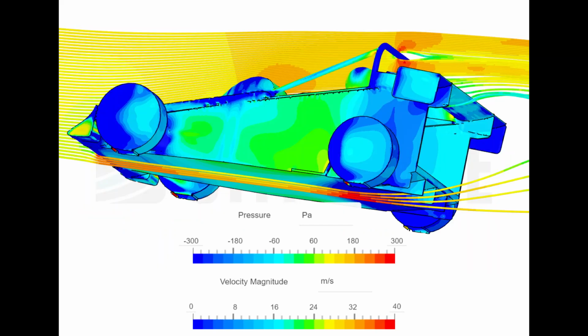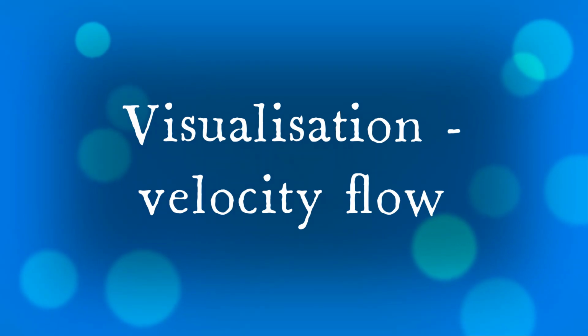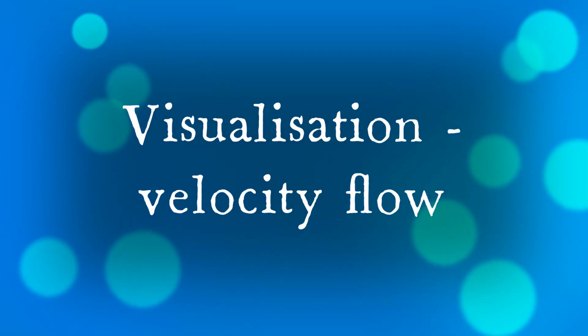The flow diagram, just with flow down the center line of the car, shows the diffuser in action. I can also do a visualization of velocity flow with animations and flow lines.